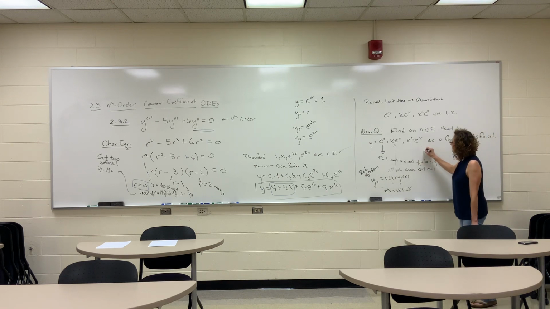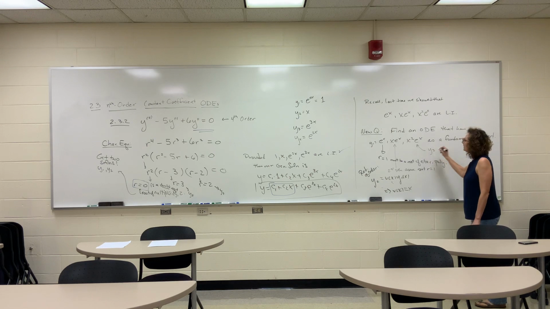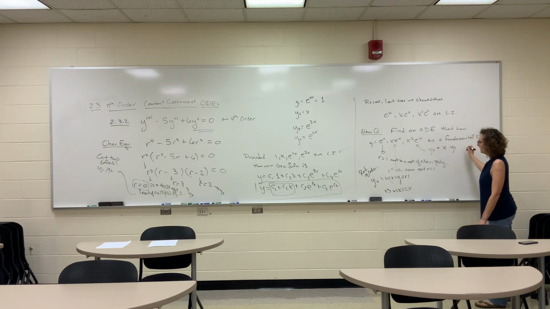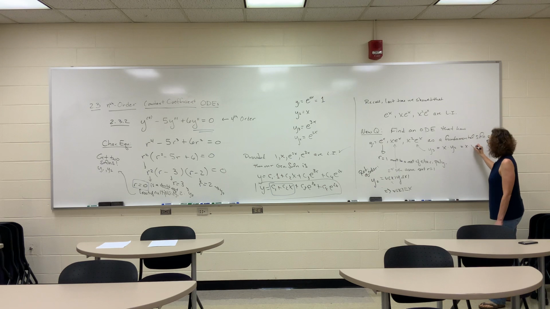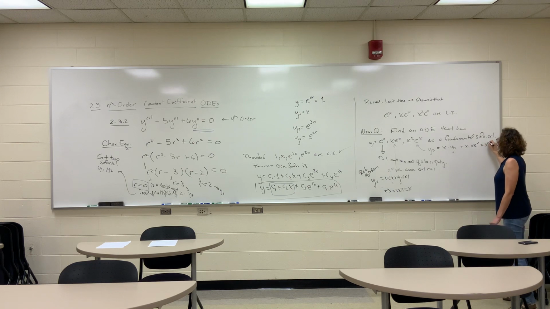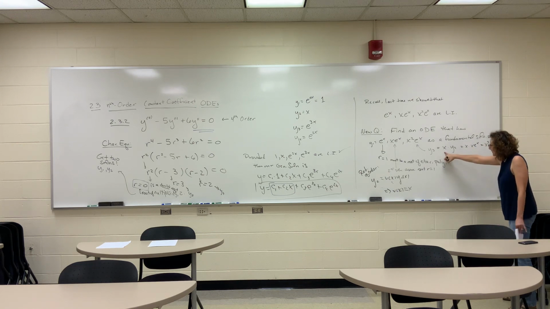And now let's look at this guy, y3. Well, what is y3? y3 is x times y2, right? x times x e to the x, that's x squared e to the x, yeah? Okay? And so what actually happened to get y3?